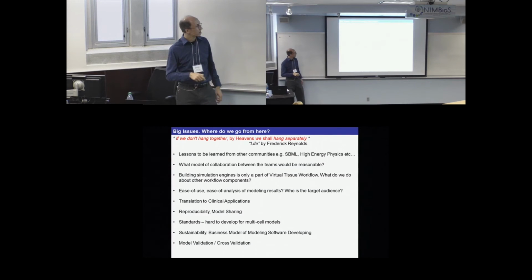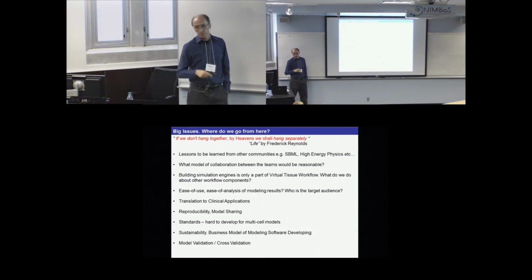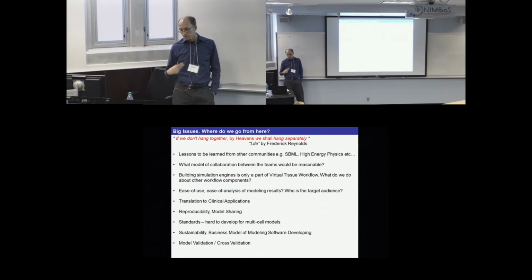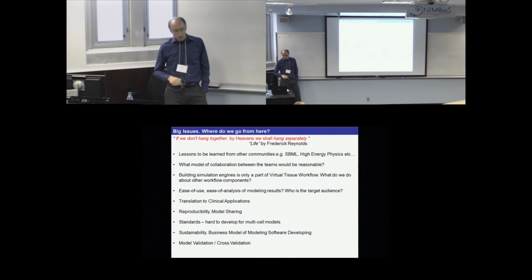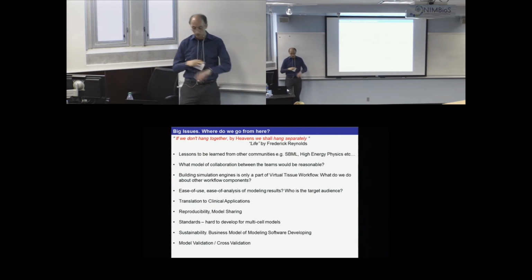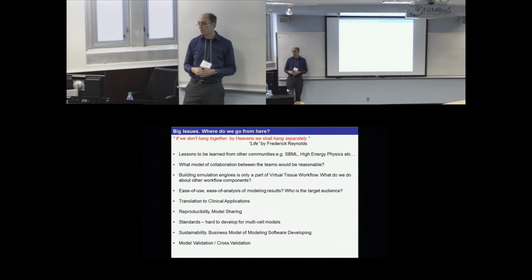We had several meetings, and the Cell Behavior Ontology came out of that, but we don't have a good standard for multi-cell modeling, and we have to address this. My personal view is that we have to focus first on building next generation easy-to-use tools, but that's my opinion. Then sustainability and business model, which we talked about in the previous slide, and model validation, cross-validation. That's important if you want to go to a clinical setting or be treated seriously by the biomedical community.